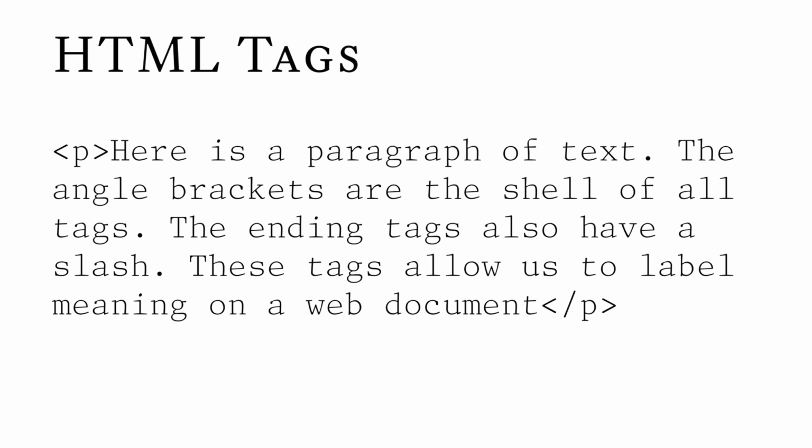So is this P tag, which is for making a paragraph of text. Just like with the HTML tag, here the P tag has an opening tag and a closing tag that has the slash in it. The tag affects everything which is between the opening and closing tag.